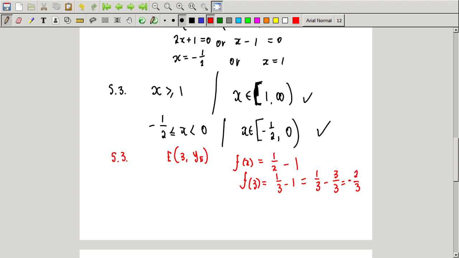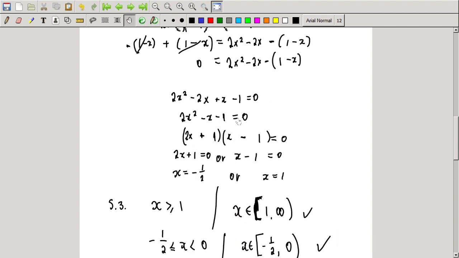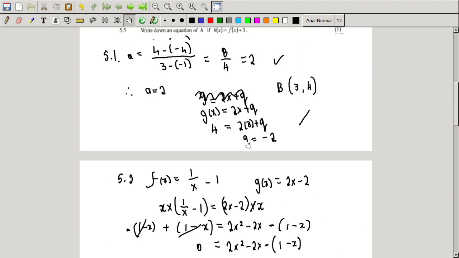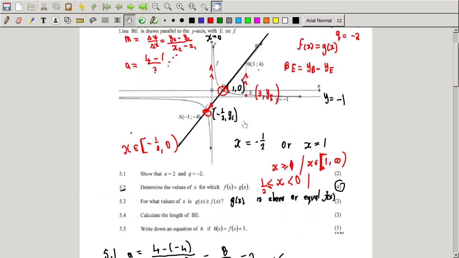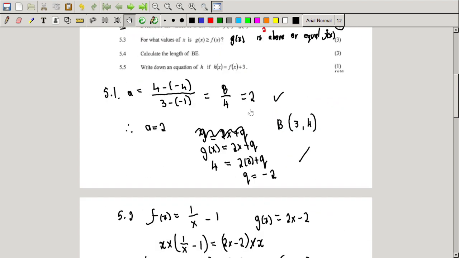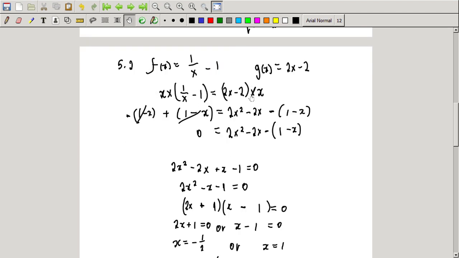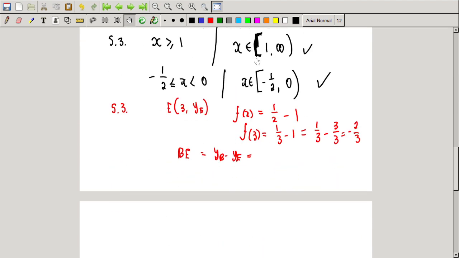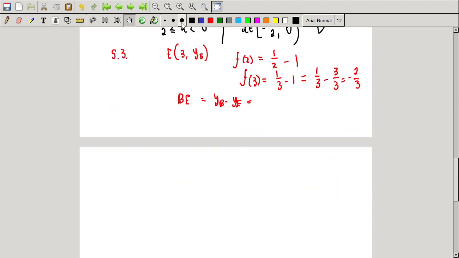So our BE is equal to y at B minus y at E. I wrote that above. Let's go check what the y at B is. I didn't record that one, sorry, guys. It's 4.